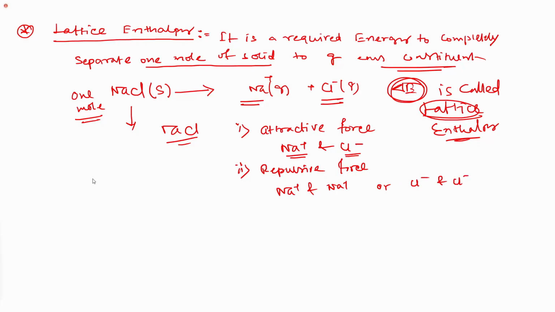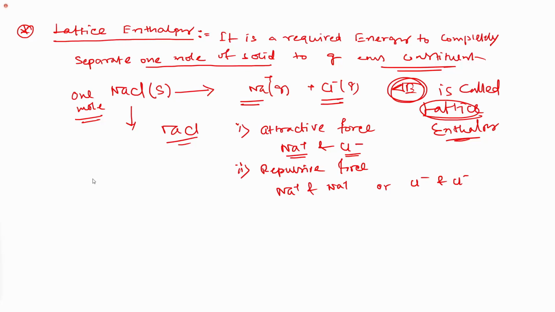One is the attractive force, another is the repulsive force. Attractive force between opposite ions and repulsive force between the same ions. Due to the presence of these attractive and repulsive forces, NaCl solid is very compact. If you see, the lattice of NaCl is completely packed.